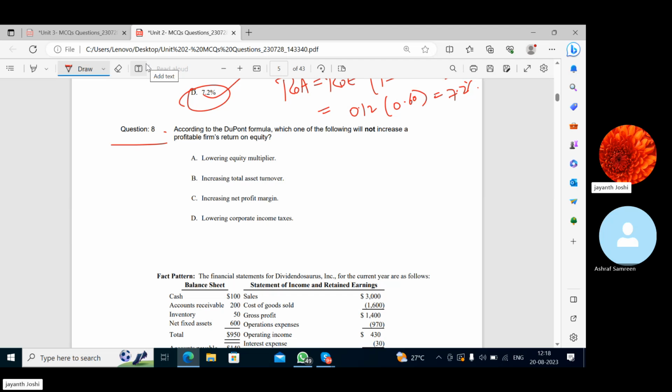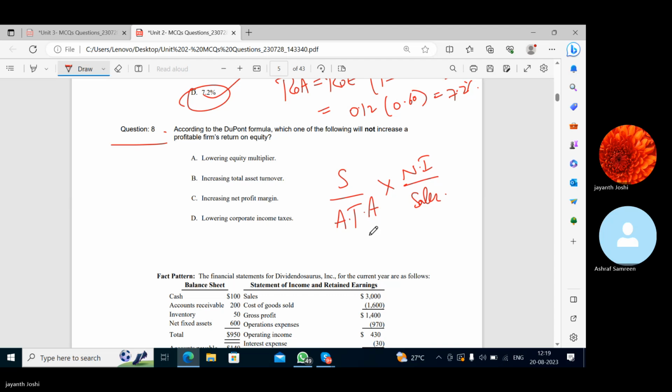DuPont formula is sales by average total assets into net profit margin, that is net income by sales. Sales is going to get cancelled, leaving net income by average total assets.